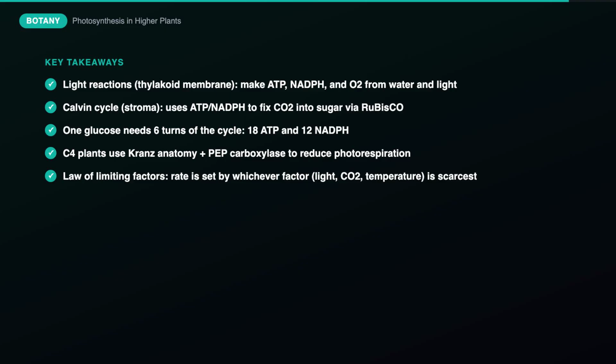C4 plants use Kranz anatomy and PEP carboxylase to concentrate CO2 around Rubisco, minimizing wasteful photorespiration in hot climates, and the overall rate of photosynthesis is governed by the law of limiting factors, where light, CO2 concentration, and temperature can each become the bottleneck depending on conditions.